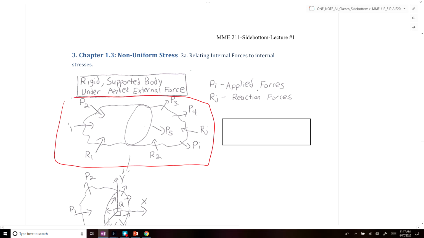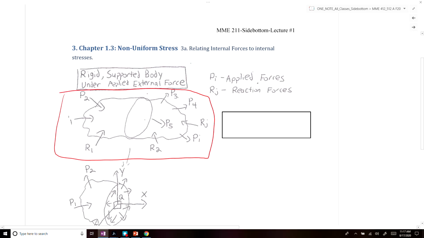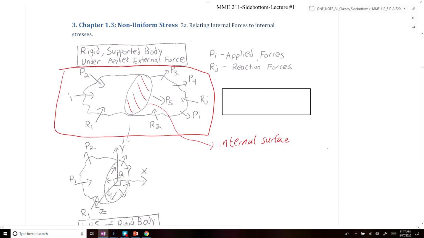We're going to make a section cut through the body to reveal an internal surface. Now our rigid body has been cut into a left-hand side and a right-hand side.